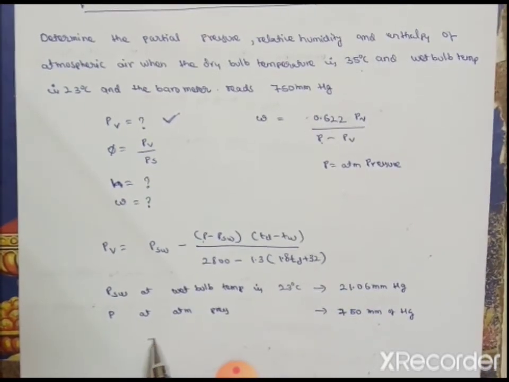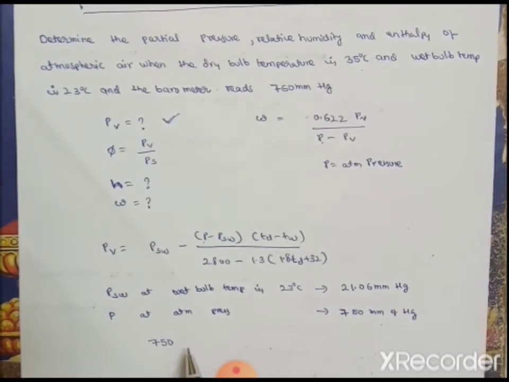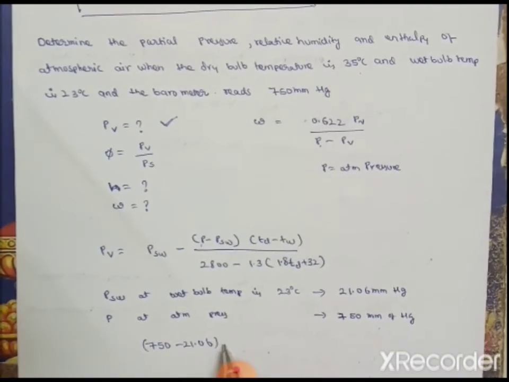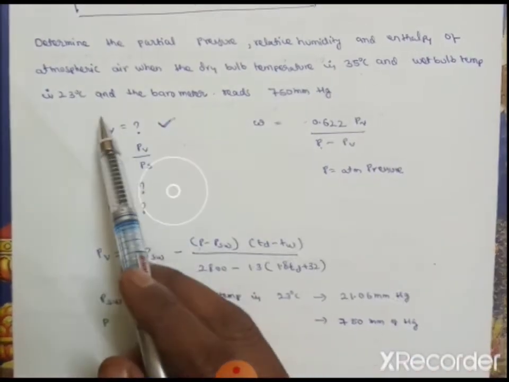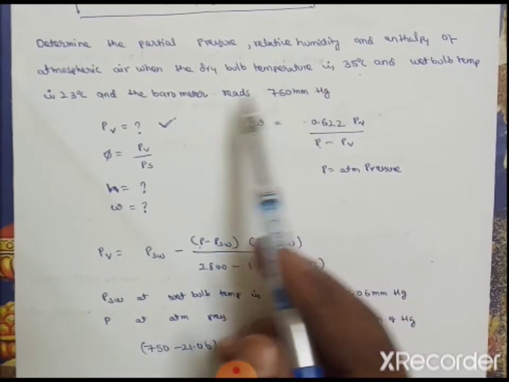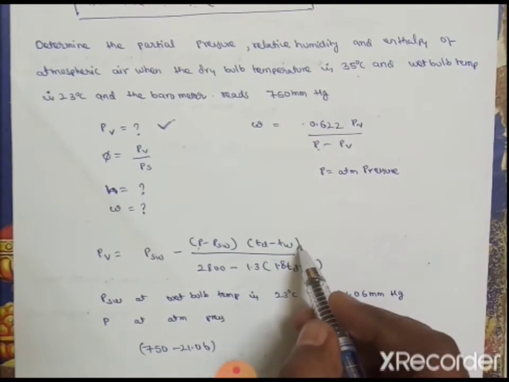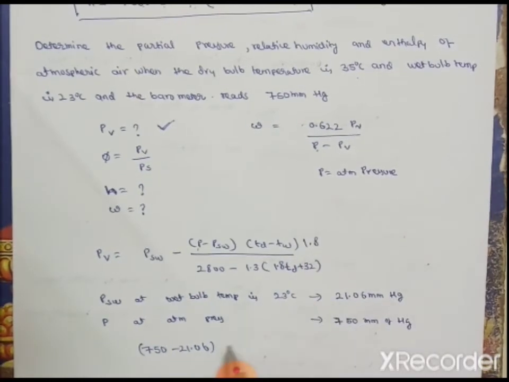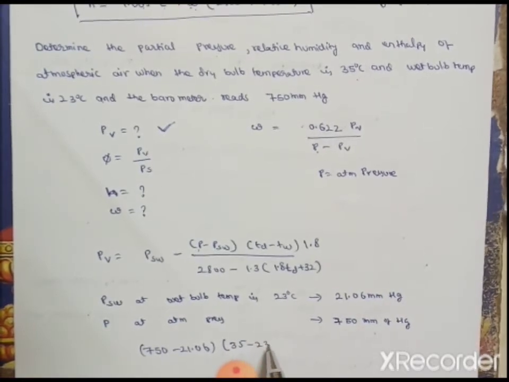So now substitute 750 minus 21.06. The dry bulb temperature is 35 degrees centigrade and the wet bulb temperature is 23 degrees centigrade.